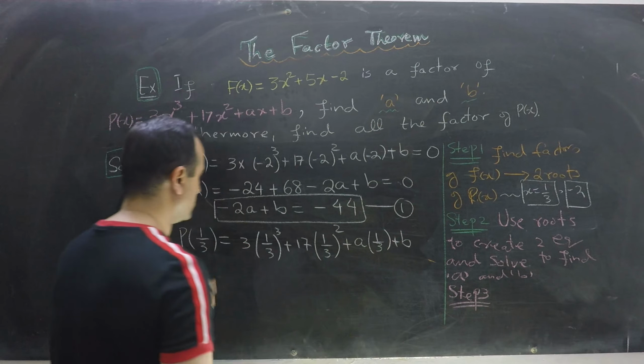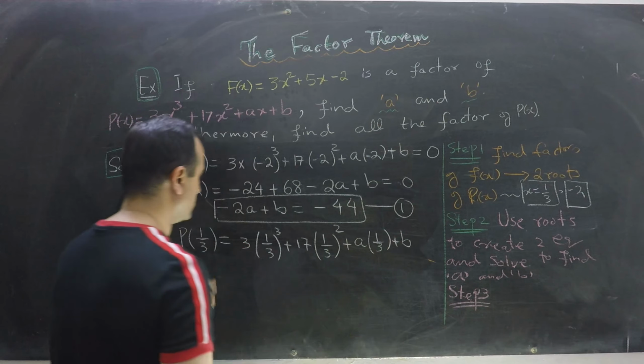Now we simplify it: 3 times 1 over 27 plus 17 times 1 over 9 plus a over 3 plus b equals 0.